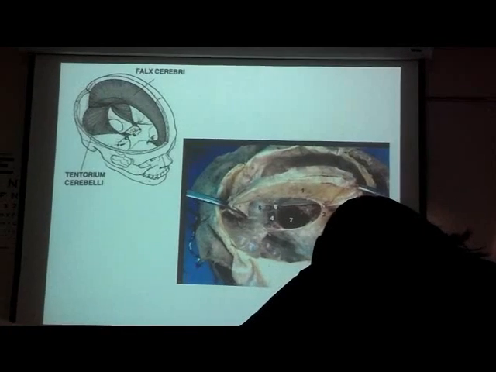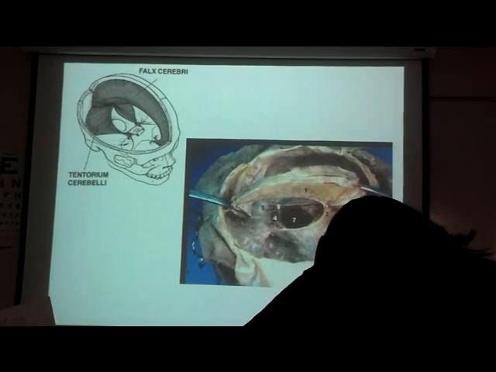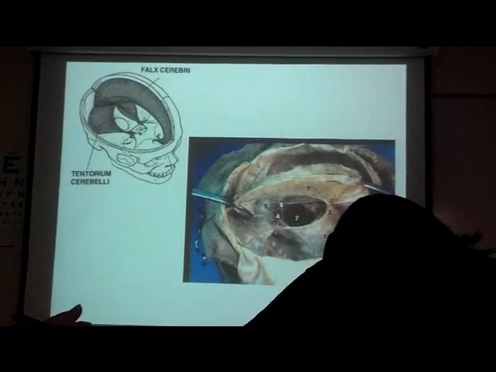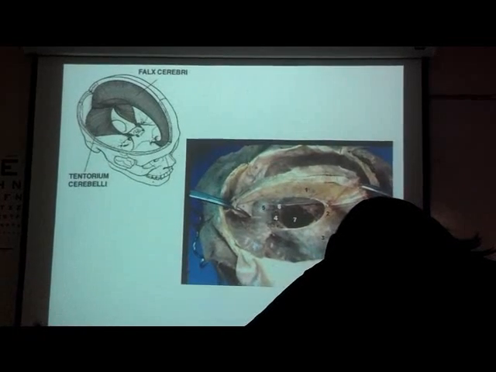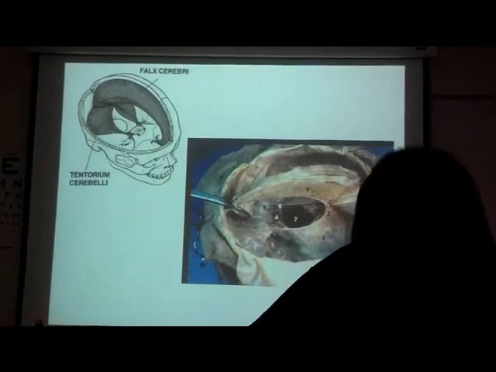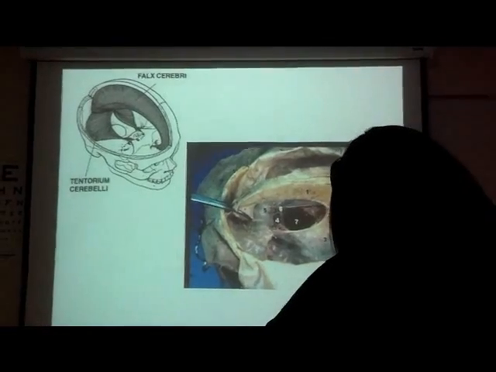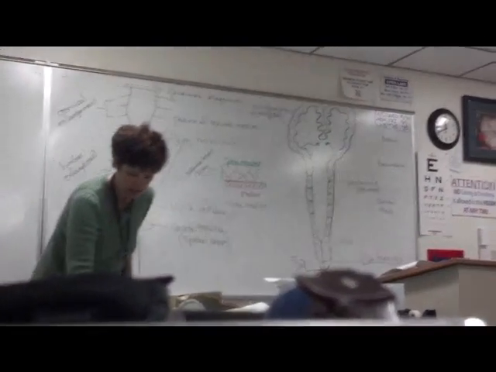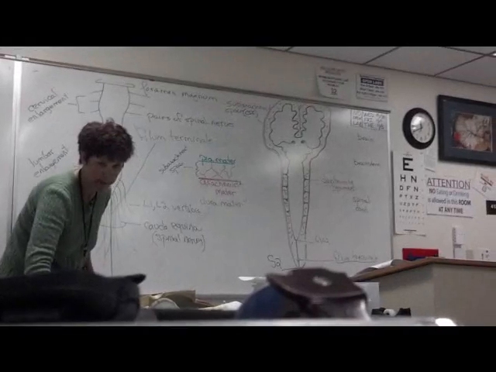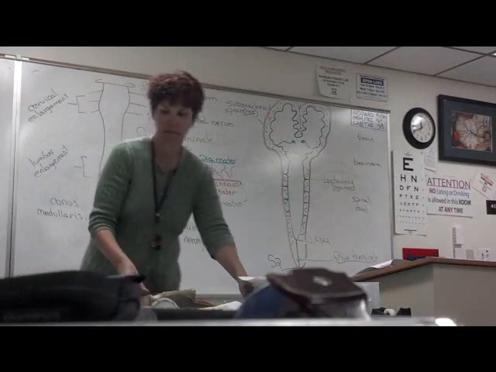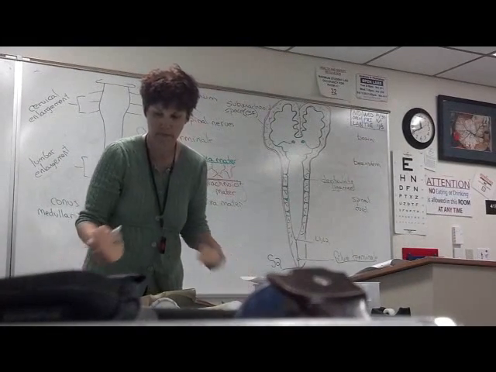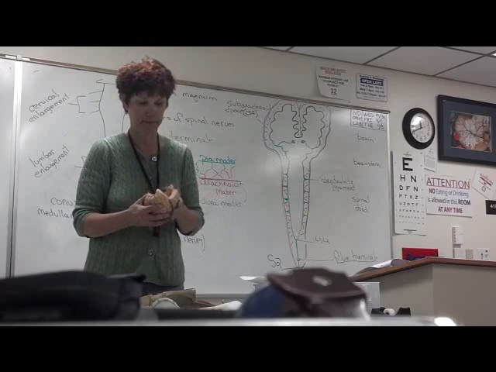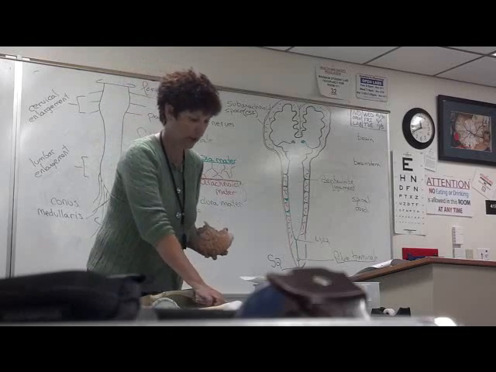Okay. So now we're going to focus on the dura mater as it covers the brain. Where it covers the brain, as I showed right here, it comes down between the two hemispheres. And here are the two hemispheres.